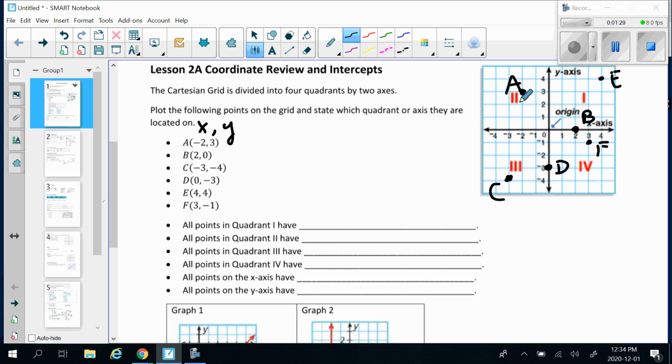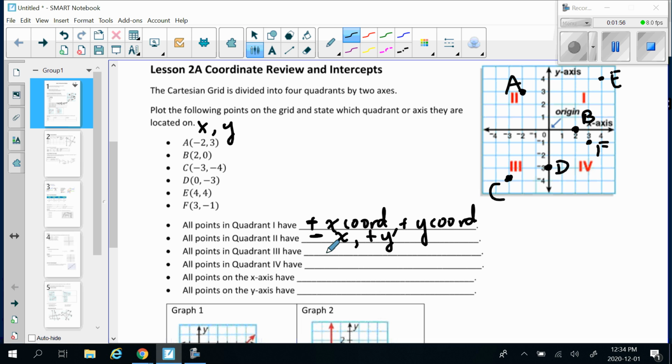If you are in the first quadrant, then you are going to have a positive x coordinate, and also a positive y coordinate. If you live in quadrant 2, which is over here, you're going to have a negative x coordinate and a positive y coordinate.